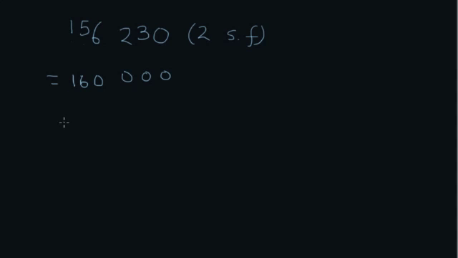Now we're going to do 0.0896, and this is going to be two significant figures. So the 0 is not a significant figure, this 0 is not a significant figure, the 8 is and the 9 is. So this is where it cuts off.